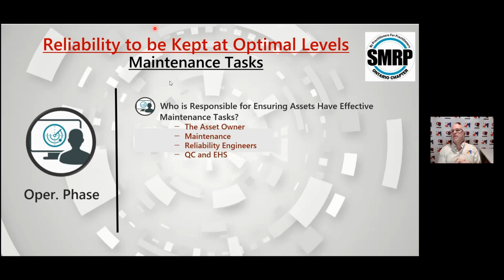Why am I saying so much about a maintenance team? Why is this teamwork? Because if we are using a risk management approach, we need to have people that know about those risks.